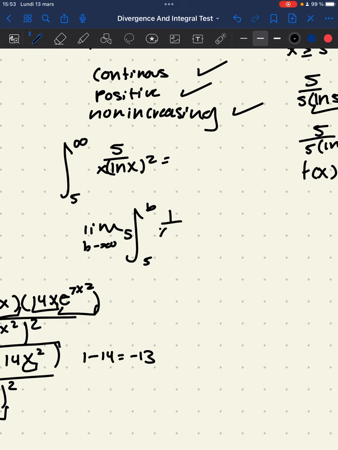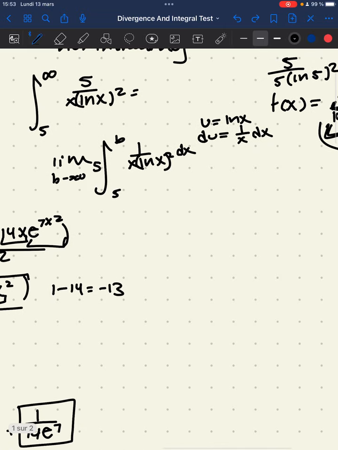So it'll be 1 over x ln x squared dx. And then we can let u equal ln x, and then du will equal 1 over x dx. Notice we have an ln x right there, we have an x right there. That will work out. Also, don't forget to plug in your bounds. So ln b and ln 5.